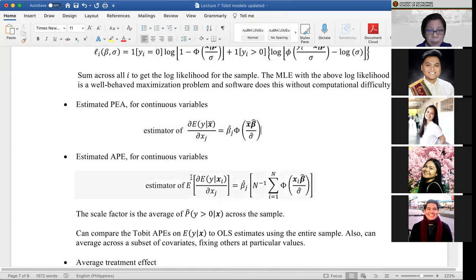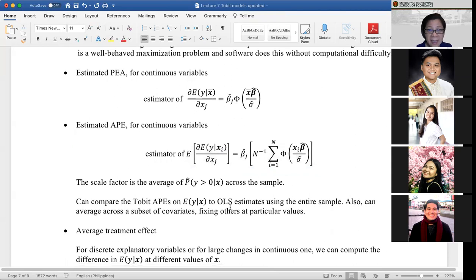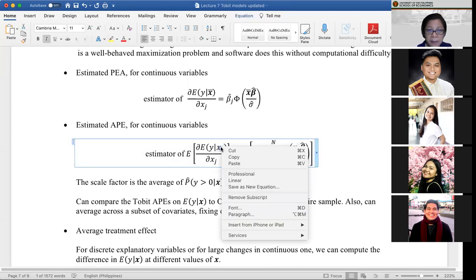For the average partial effect, no, this is right, because you would consider all x's since you're getting the average, so there really should be no subscript.